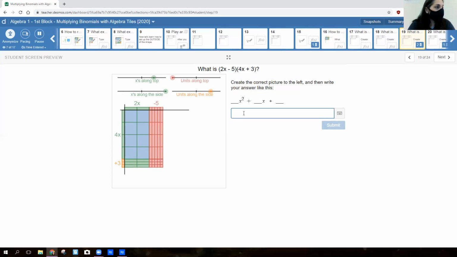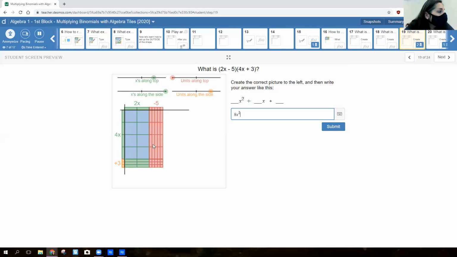So very good. That's right. 8x squared. And then this is what we have to do here. We have to add everything up and combine. Now, for every negative x value, it can cancel with a positive x value, okay?